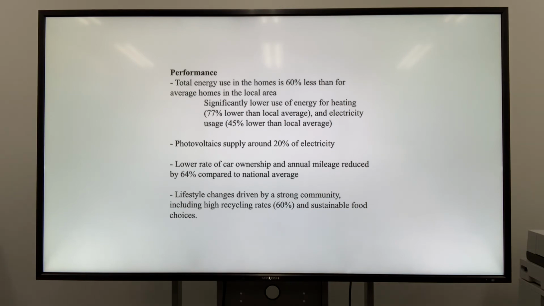The photovoltaics supplies around 20% of the electricity, and there is a lower rate of car ownership, with annual mileage reduced by 64% compared to the national average. The lifestyle changes are driven by a strong community, including a high recycling rate of 60%, and sustainable food choices.